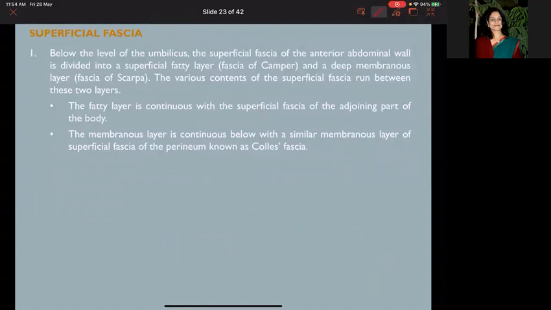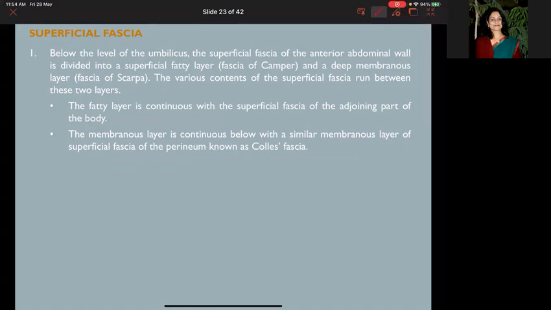So after that, we will talk about the superficial fascia. The superficial fascia of the abdomen has two layers: a superficial fatty layer called the fascia of Camper, and a deep membranous layer called the fascia of Scarpa.